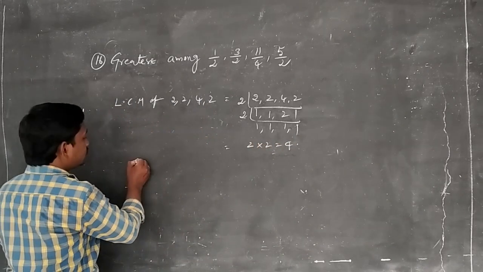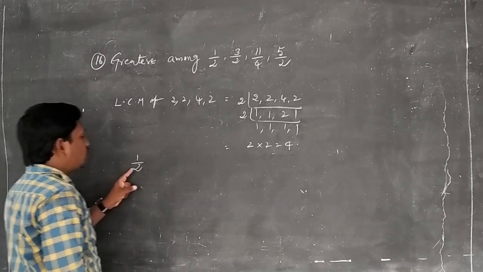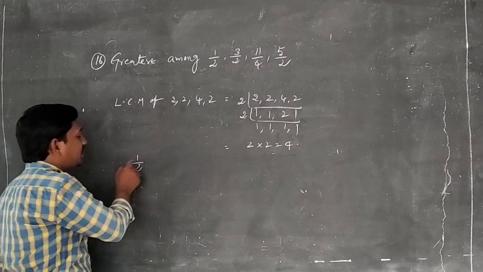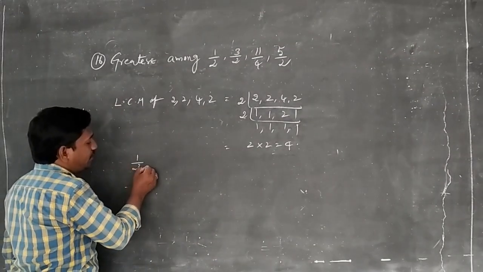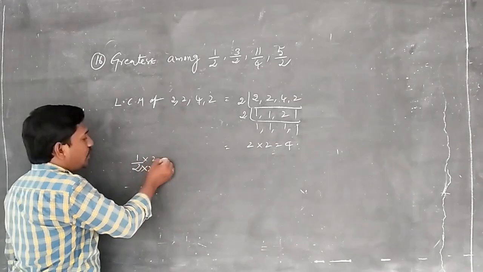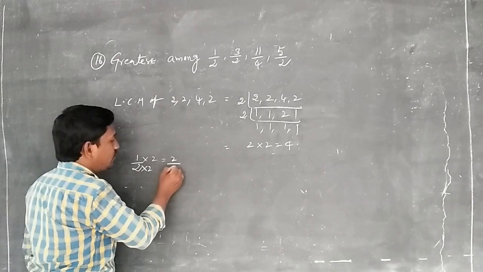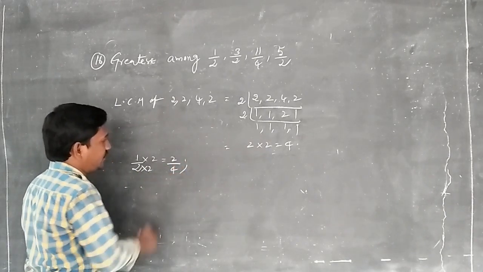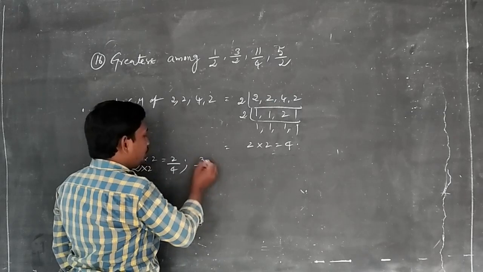Now 1 by 2 means if 2 becomes 4, the numerator and denominator are multiplied by 2. 1 2s are 2, 2 2s are 4. This is the first fraction. And the second one, 3 by 2.